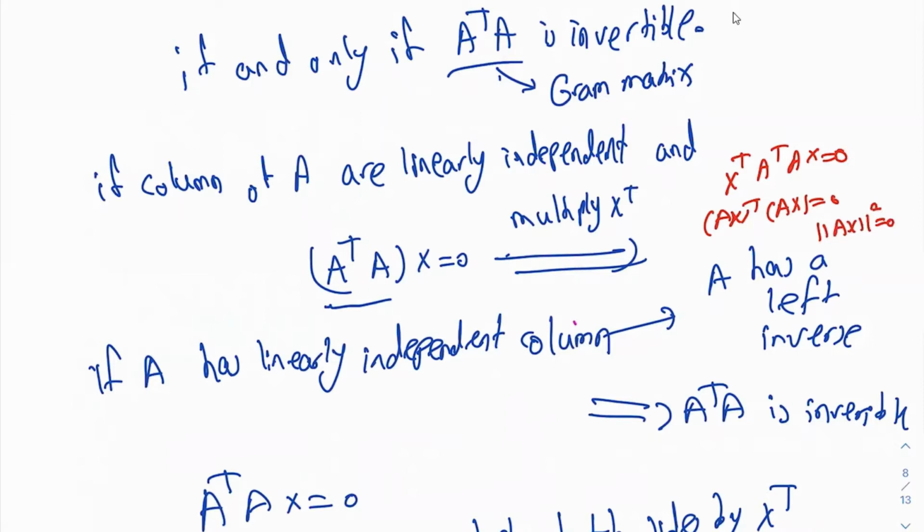Remember the properties of norm? This is a norm of a vector because AX is a vector. Norm is always non-negative, or is always either 0 or greater than 0. And 0 only happens if the argument inside the norm is actually 0. So I want AX to be 0.